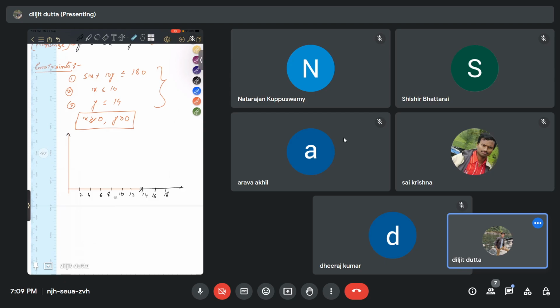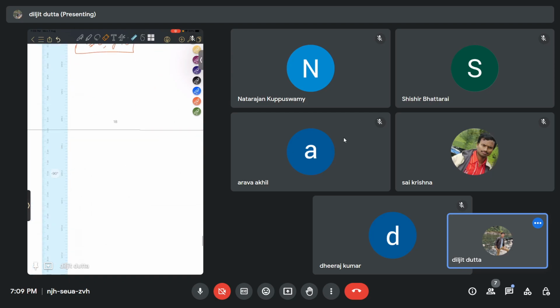So the y axis should go till 18. Okay, I'll just draw the diagram here.